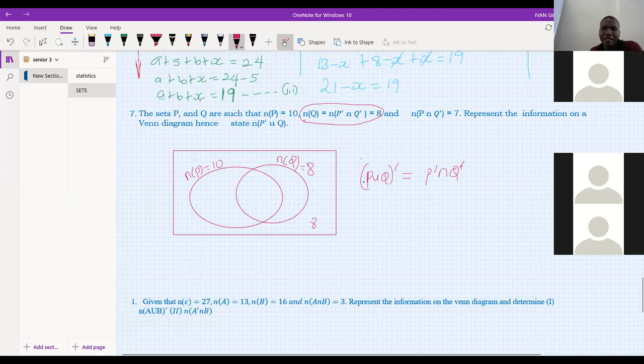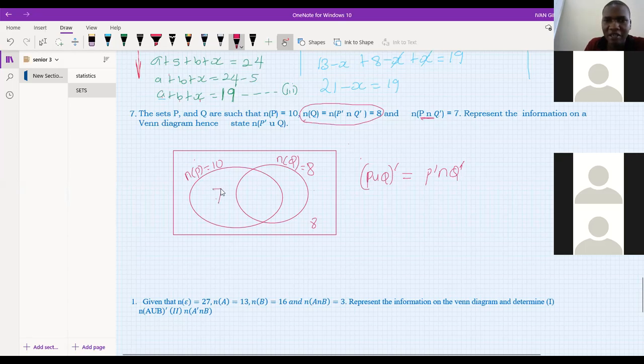This one, they like neither of the two. Here they can say those who did not like P and Q. So we have the number of elements in P only. This is P intersection Q complement, meaning the number of elements in P only. There are 7.